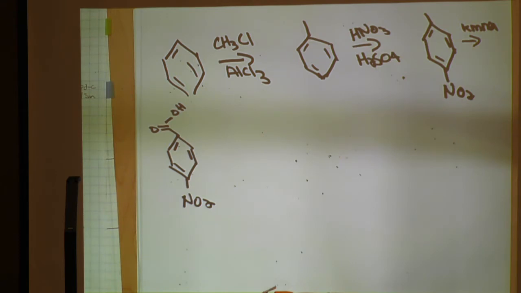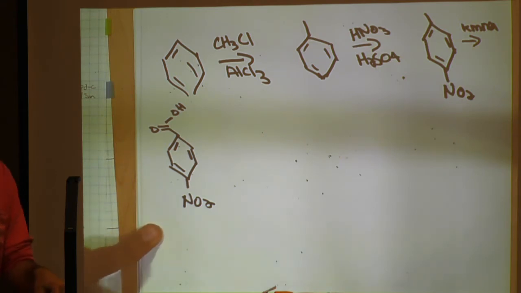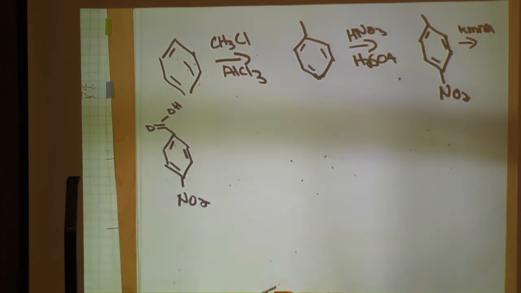Yeah, nitration is meta, right? But think about it like traffic, right? We've added the R group first through alkylation, my bad. We've added alkylation, so we have our R group. So now that we're adding the meta group, because the R group is already on, it's directing ortho-para.